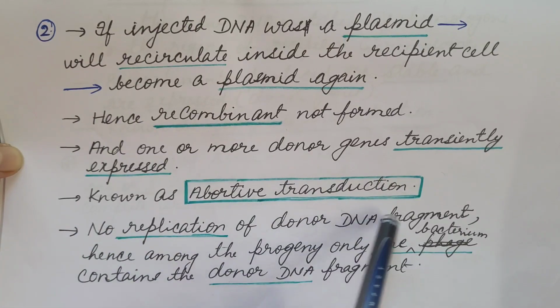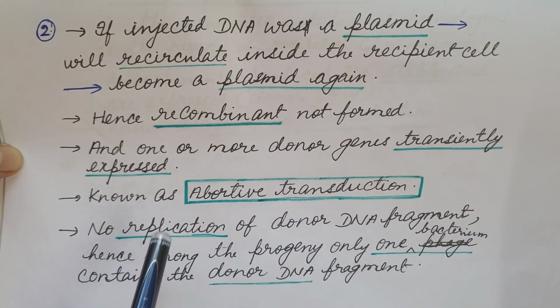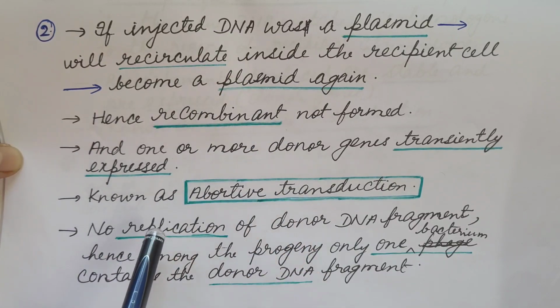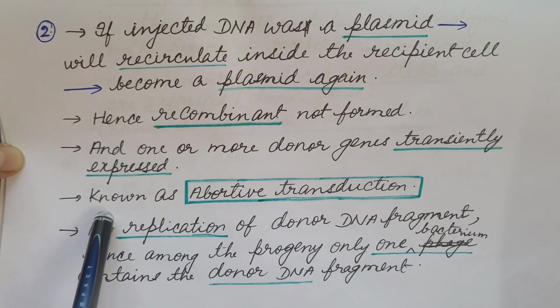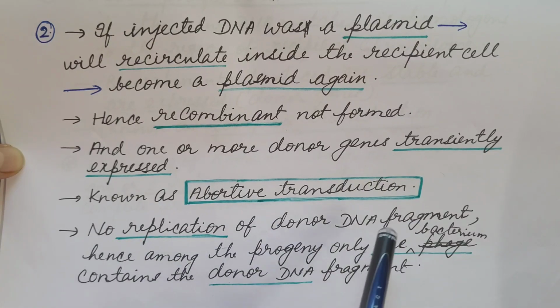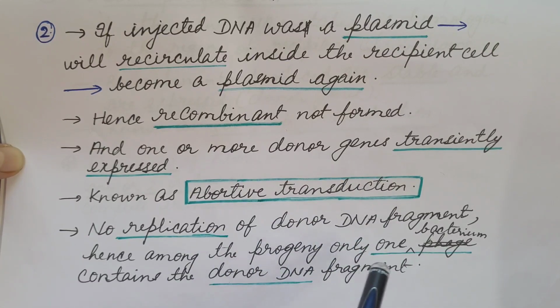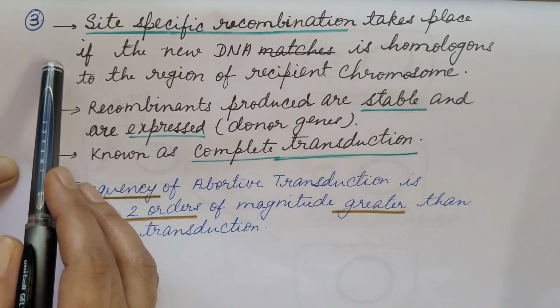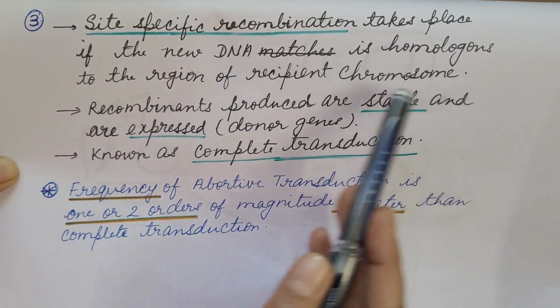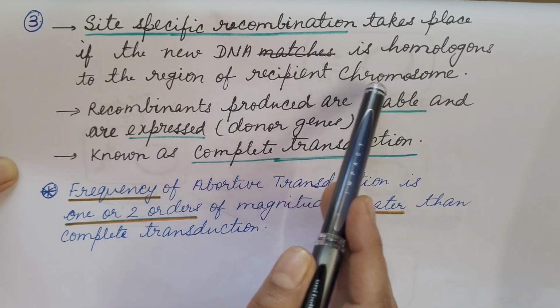No replication of the donor DNA fragment takes place because it remains extrachromosomal. It does not integrate into the recipient bacterial genome. Hence, it does not replicate along with the recipient bacterial genome. As a result, among the progeny, only one bacterium contains the donor DNA fragment. In the third fate, site-specific recombination takes place if the new DNA is homologous to a region of the recipient chromosome.